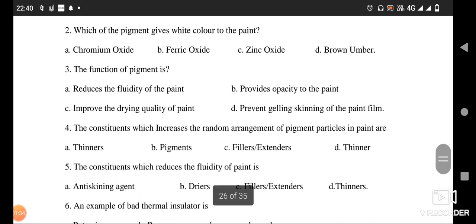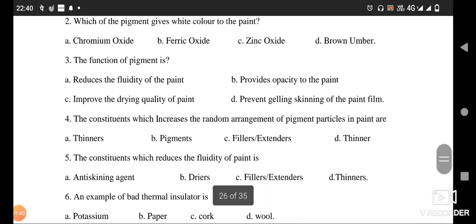Then after that, third MCQ: the function of pigment is. So what is the function of the pigment? Does it reduce the fluidity of the paint, or does it provide opacity to the paint, or C, improve the drying quality of paint, or D, prevent gelling and skinning of the paint film?